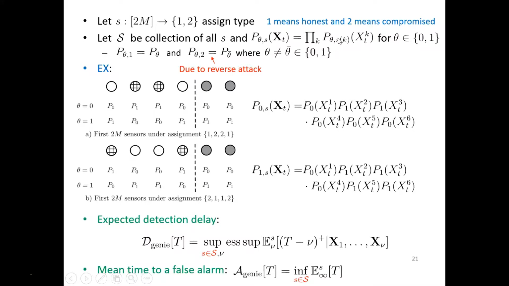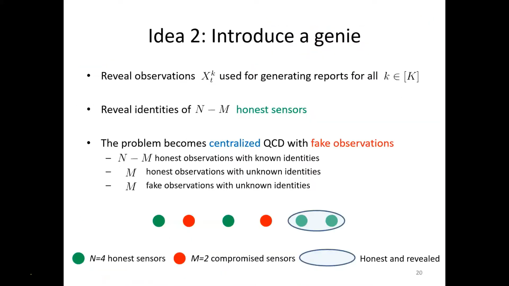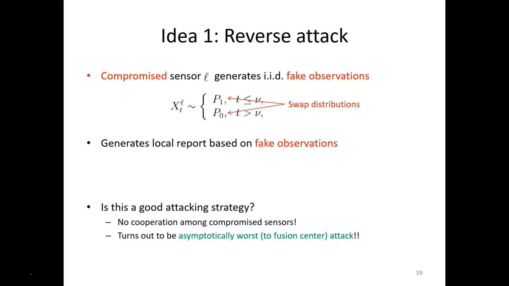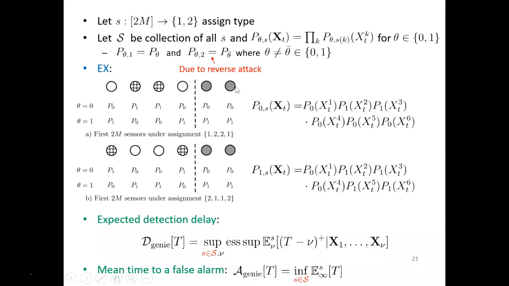And if S of k is 2, that means we think the sensor is compromised, so that makes p theta 2 equal to p theta bar. This is because we define the compromised sensor to adopt this attack. Basically we just swap the distribution, so this makes p theta 2 equal to p theta bar.